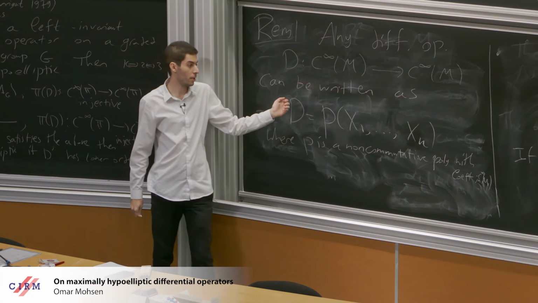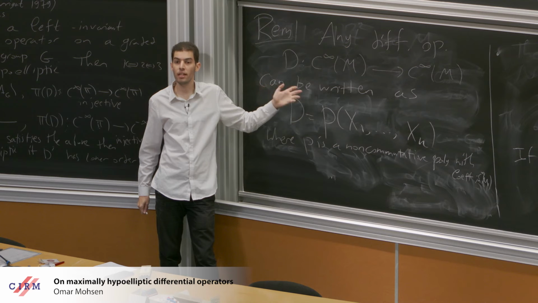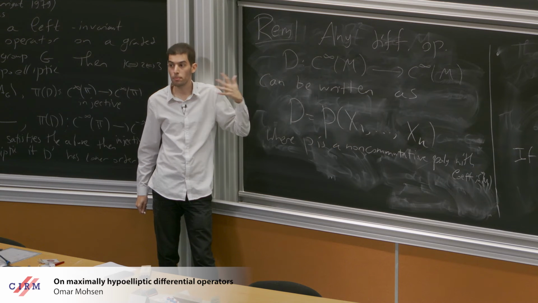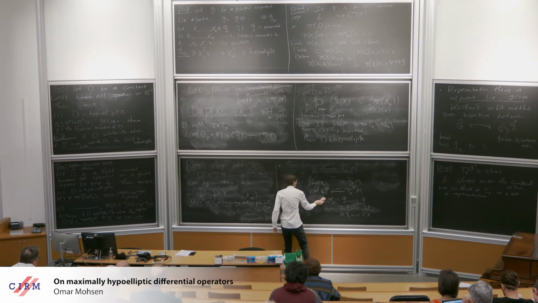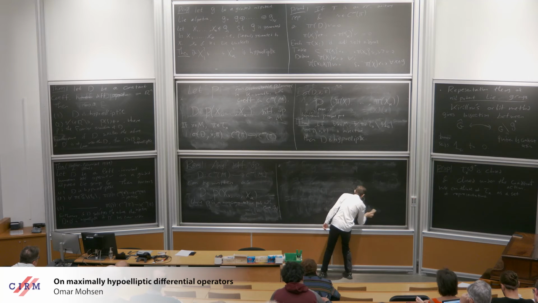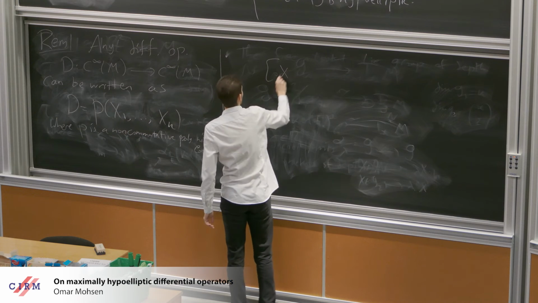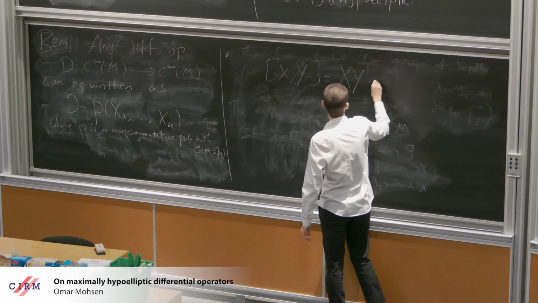Hörmander's condition tells you that any vector field, you can write it this way. Because a commutator is by definition a polynomial in the vector fields. When you take two commutators, this is just xy minus yx.